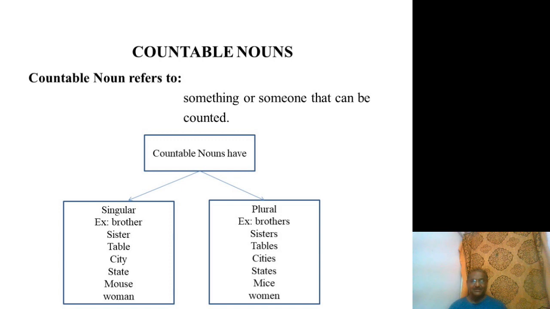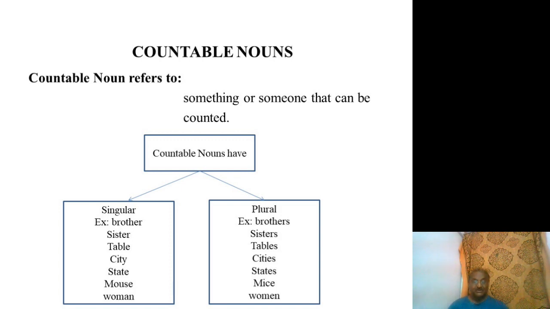Human being, human beings. Uncle, uncles. Book, books. So it's very clear from this idea and from this example that you come to know which are called countable nouns. Countable nouns are those nouns that can be counted, and the countable nouns have got singular forms and plural forms. That you have to know very well.